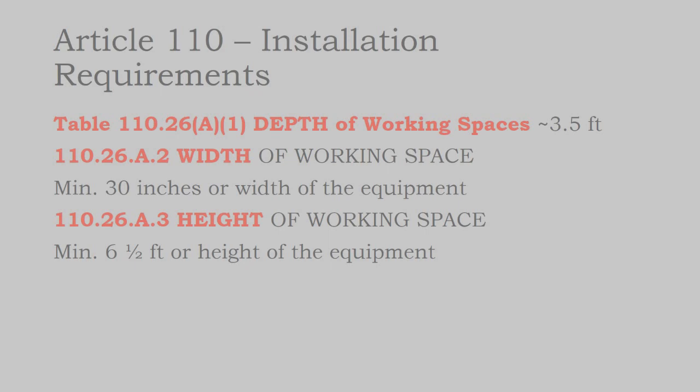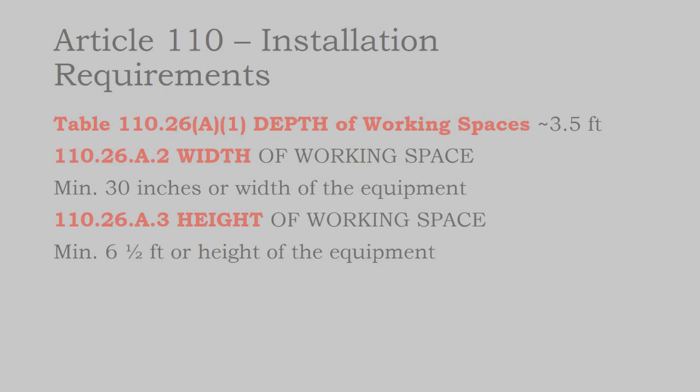And so if you just keep in the back of your head, in the depth from the face of the panel, you need to have around 3.5 feet of working space. And if the room is feeling particularly tight to you, rather than the panels being back to back, or depending on what is on the back of that panel, you may need an additional 1/2 foot. The width of the working space, 30 inches, or the width of the equipment minimum. And that can actually be on either side of the equipment.